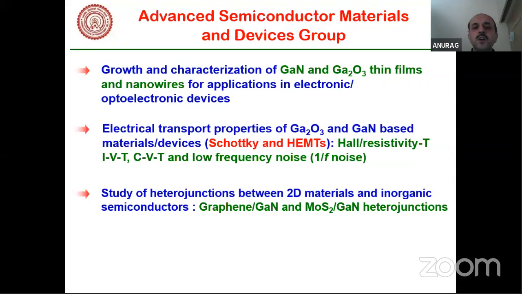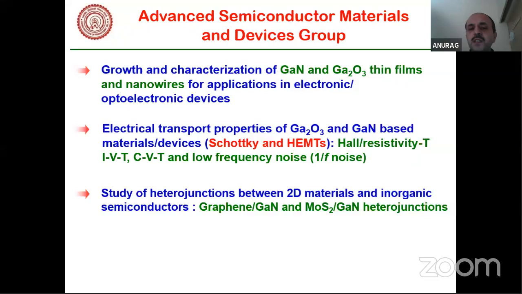Another thing is we also study the current voltage and capacitance voltage characteristics of novel heterojunctions or heterostructures. Something which has come up nowadays is 2D materials. You might have heard about graphene or molybdenum disulfide or molybdenum ditelluride.